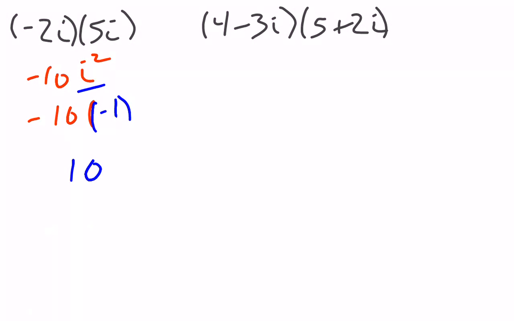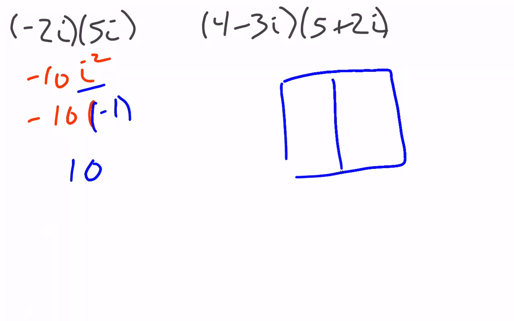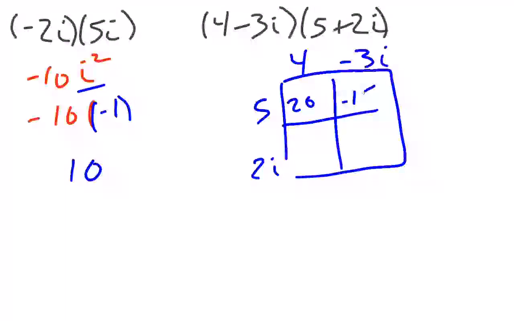The next one is another multiplication, and you can use either FOIL or use the box. You know me, I like the box. So 4 minus 3i, 5 plus 2i. So that would give me 20, negative 15i, 8i, and negative 6i squared. Okay.